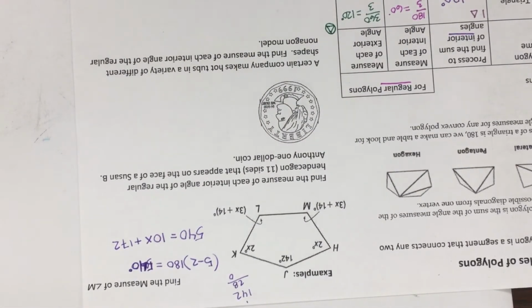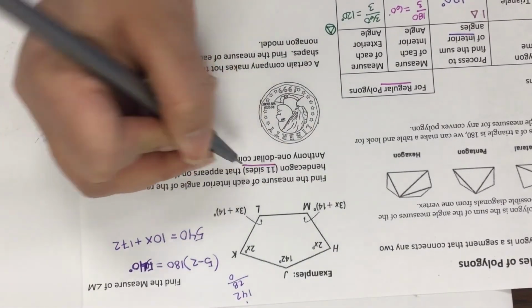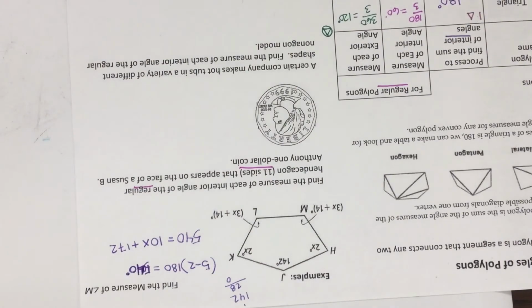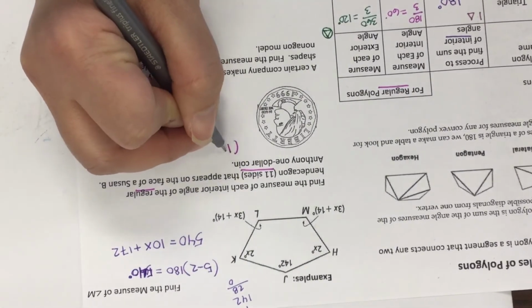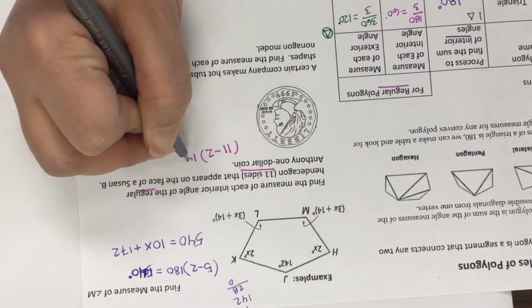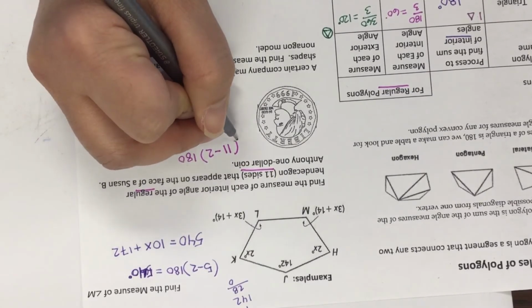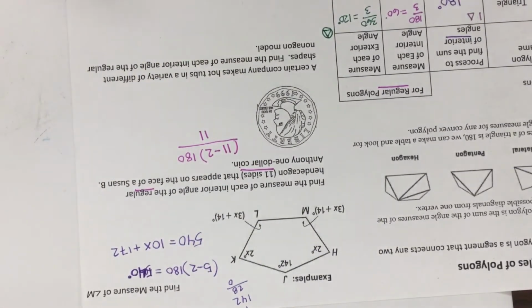So keywords here, it is a regular polygon that has 11 sides, and so we can go ahead and find the measure of each angle by following our formula. So that's going to be our number of sides, which is 11, minus 2. All of this is going to be multiplied by 180 degrees divided by 11. And you just multiply that out, find your answer.